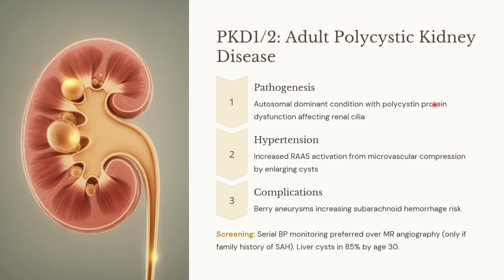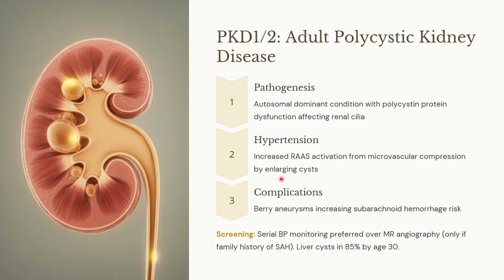So when that cilia is abnormal, it is not able to clear the secretions and therefore it forms cysts, leading to polycystic kidney disease. So the polycystin protein is abnormal and that is affecting the renal cilia. This can cause hypertension because the cysts will compress the renal vasculature.